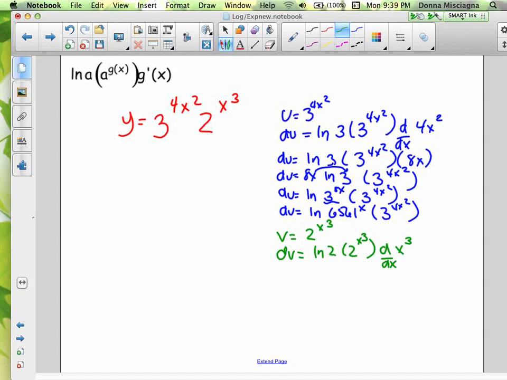So dv is natural log of 2 times 2 to the x cubed, and the derivative of x cubed is 3x squared. All right, so we can move that in front. dv is 3x squared times natural log of 2 times 2 to the x cubed. And again, this can move back here if we'd like.